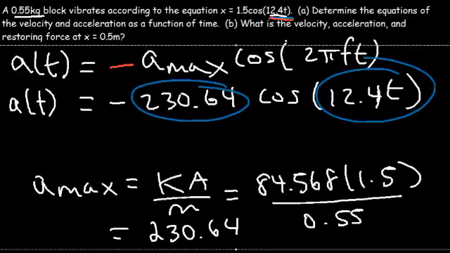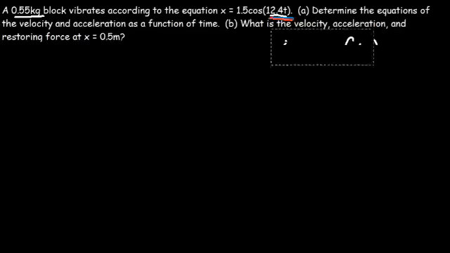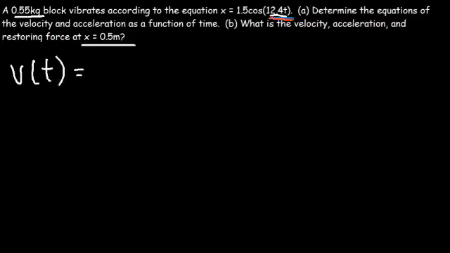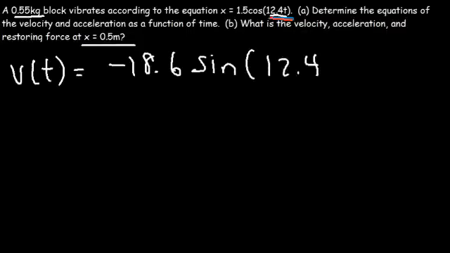So now let's work on the next part. Let's find the velocity 0.5 meters from its equilibrium position. So using the equation that we have, v of t is equal to negative 18.6 sine 12.4 t. So we're looking for a v at 0.5.